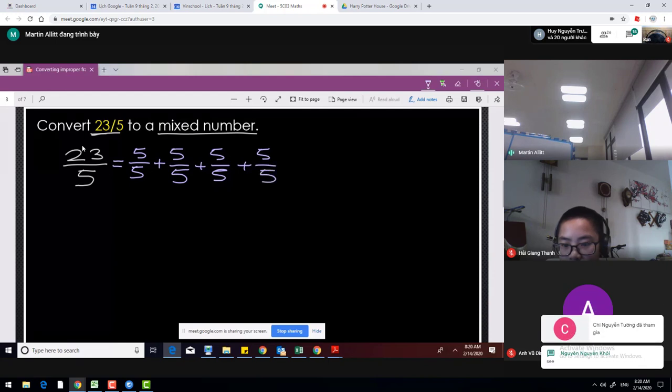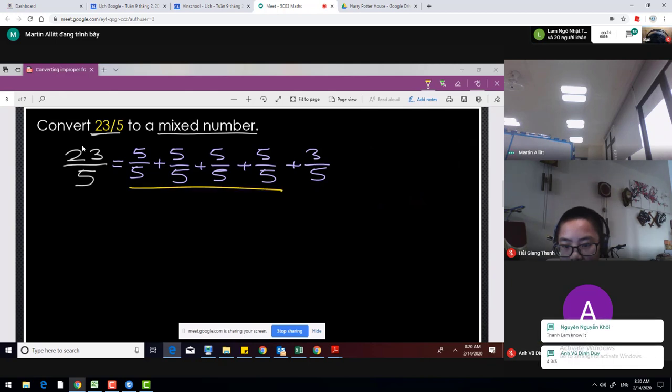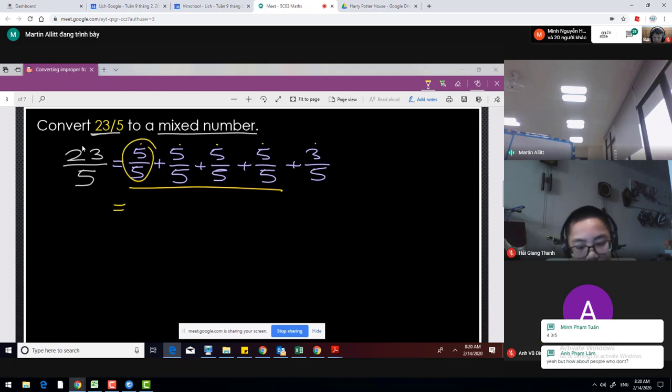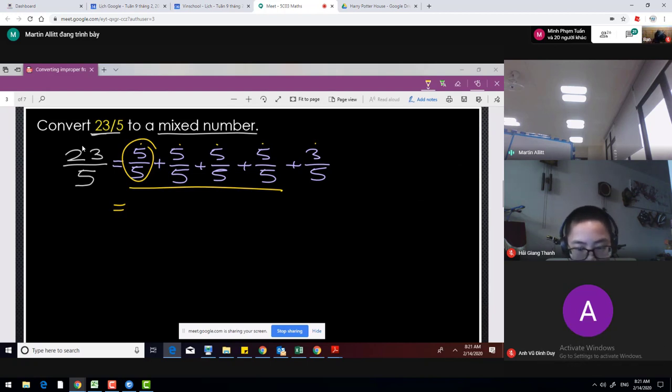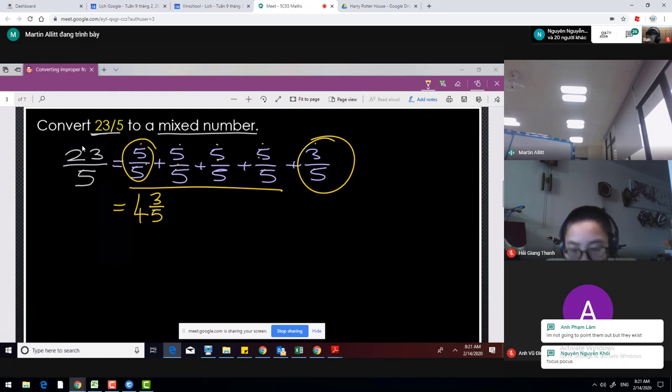Okay, now I've got 20 fifths, add 3 fifths. So here, this is 20 fifths, 5, 10, 15, 20, and then I've got 3 more, so I've got 23 fifths in total. So each of these is equal to 1, because the numerator is the same as the denominator. So I've got 1, 2, 3, 4 of those. So I've got 4 and then I've got 3 fifths on the end. I've got 4 and 3 fifths.